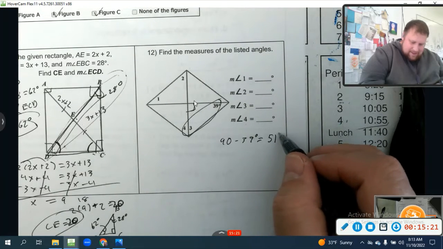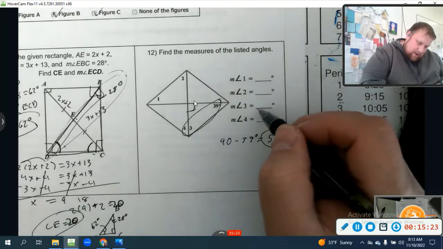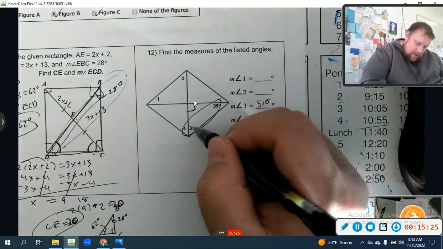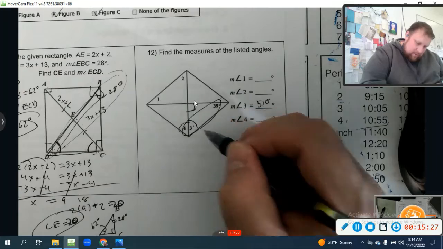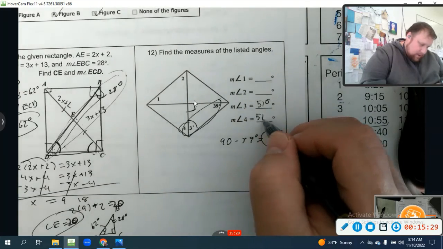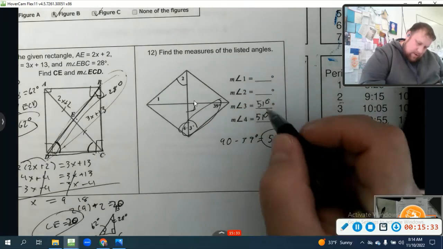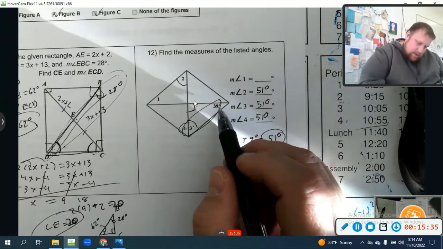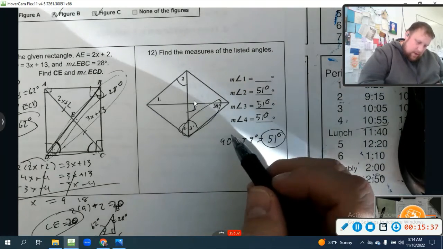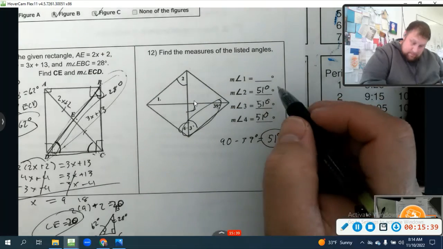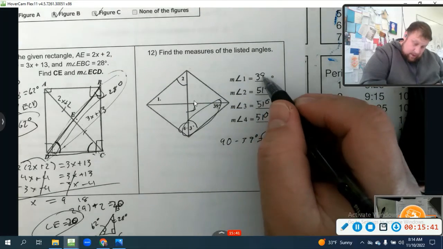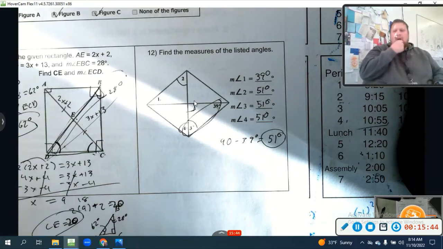So then the measure of angle 3 is 51 degrees, and angle 1, angle 3 and angle 4 are congruent, so that's 51 degrees. Measure of angle 2 is also congruent, so that's 51 degrees. And 39 is congruent to angle 1, which is 39 degrees. Boom. Look at that. Not much math there.